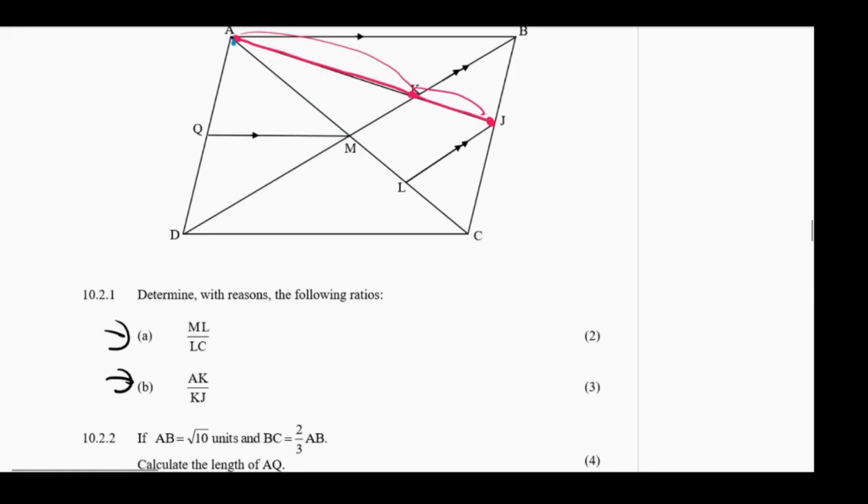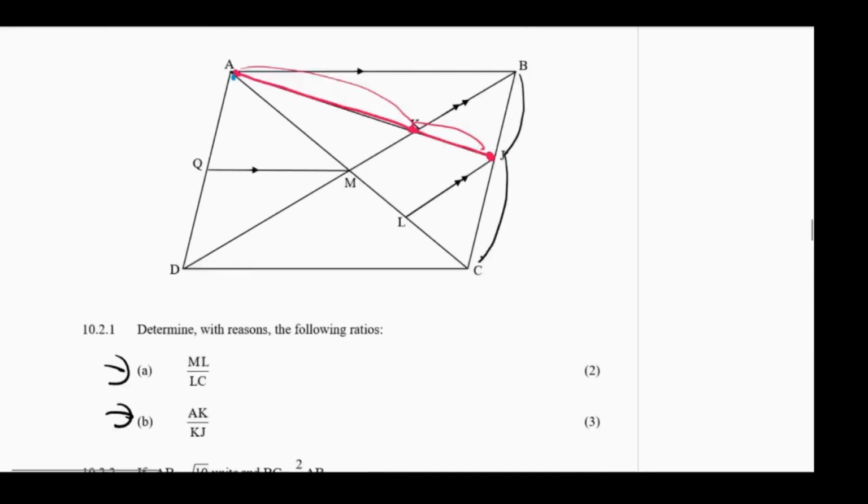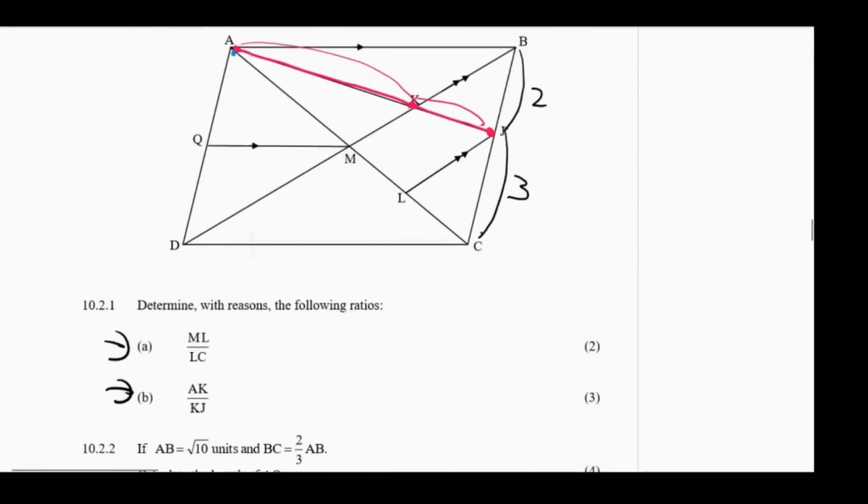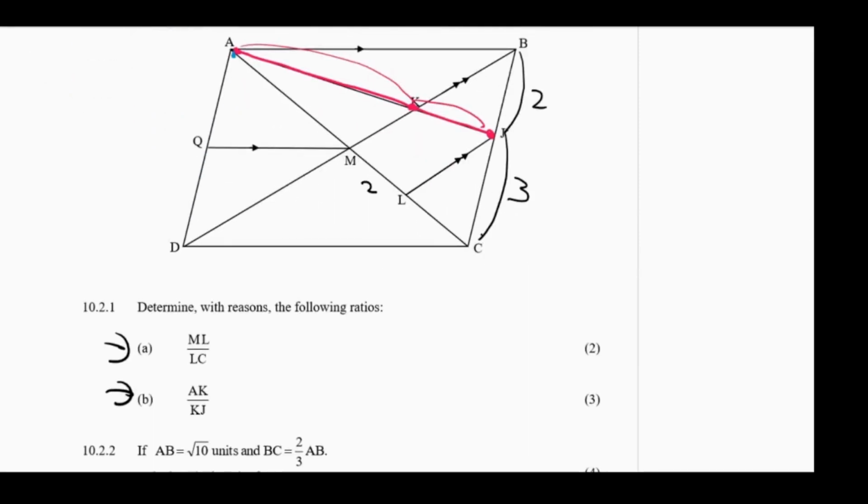Cool. So to find this, we know very well that this portion here and this one here, right? And we know that BJ and JC, BJ is 2 and JC is 3. So meaning that's the same here, it's 2, here it's 3, right?